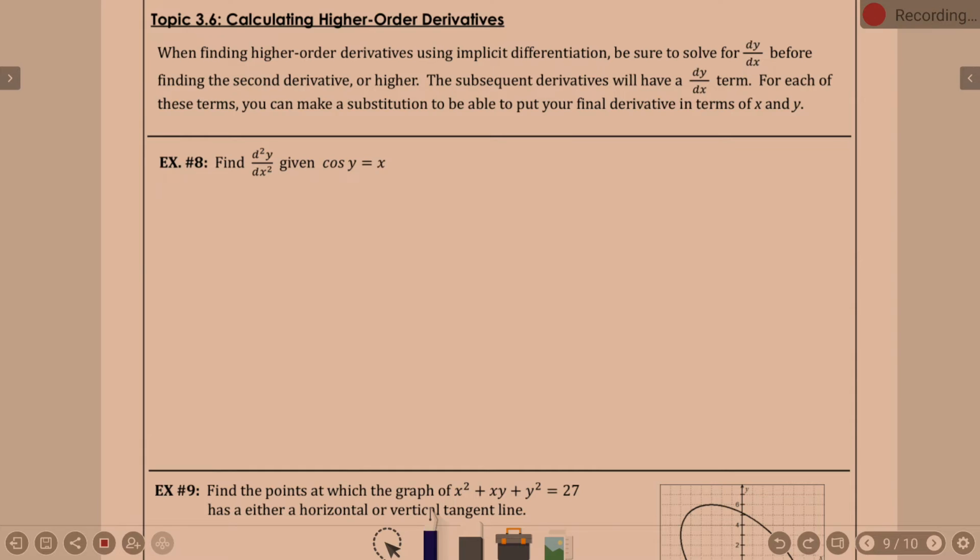So they're asking us to find d squared y over dx squared given cosine y equals x. So they're asking me to find the second derivative. In order to find the second derivative, you have to find the first derivative. And again, of course, it's not solved for y equals because that's the whole point of this lesson. So, first derivative. What is the derivative of cosine of y?